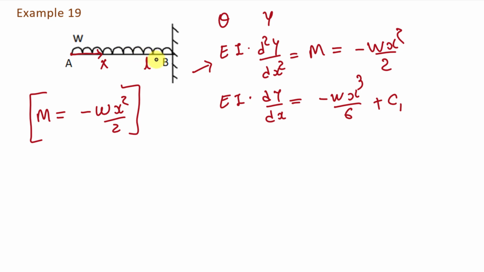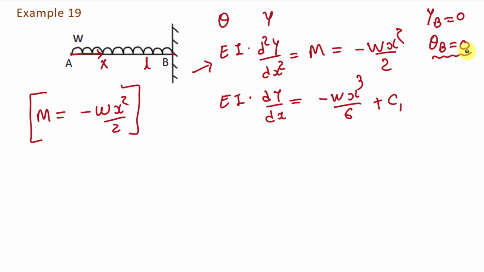Now in this case we know that the slope and the deflection will be 0 at point B. So we can write that yB is equal to 0 and theta B is equal to 0. If we put this condition here, we can find the value of C1.